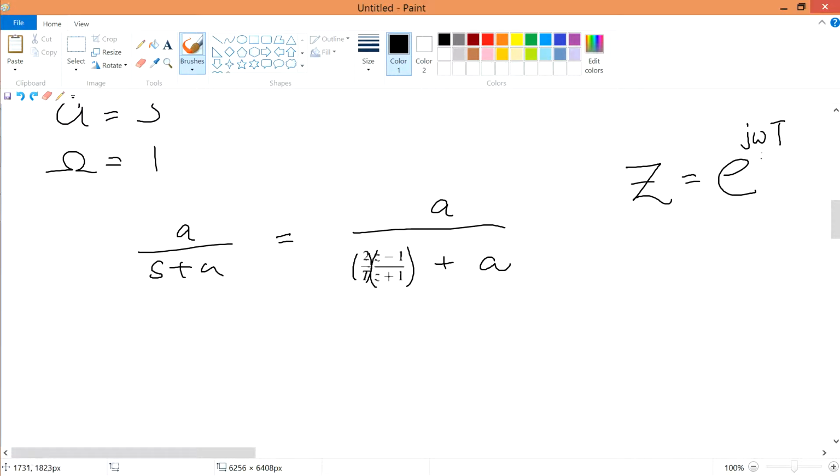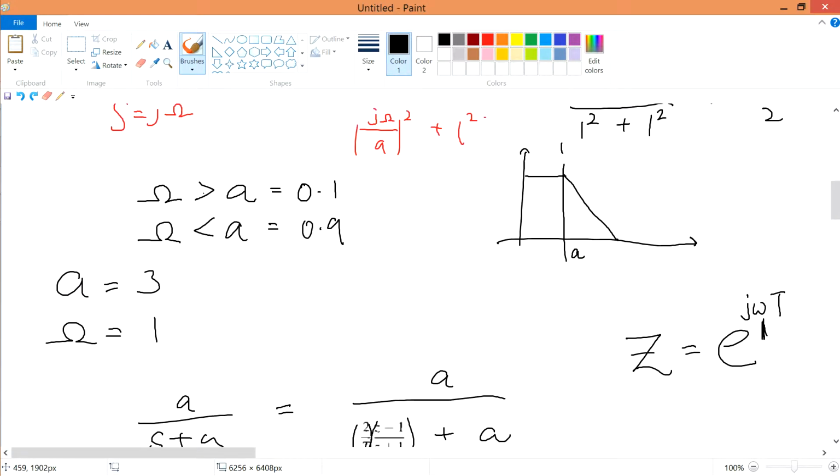I repeat, this is analog frequency, this is digital frequency, but frequency is just frequency. However, due to this phenomenon, the value of the outcome will be slightly different from our outcome over here. Our outcome is actually 0.9, if you still remember.